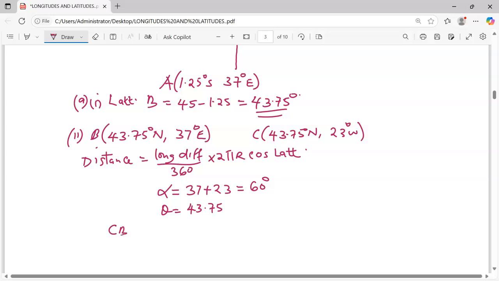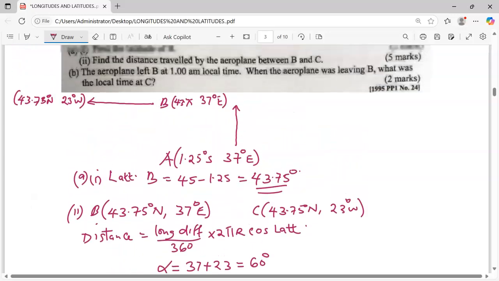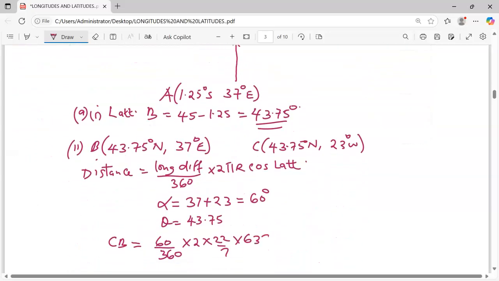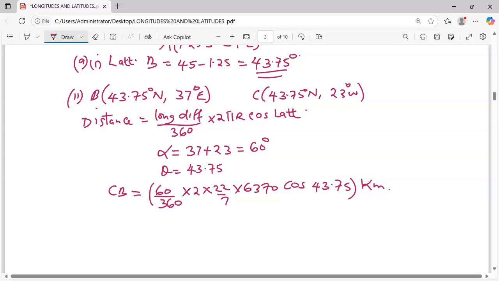So the distance CB will be given by the longitude difference, which is 60 over 360 times 2 times 22 over 7 times the radius, which is 6370, then cos of the latitude, which is 43.75. And this one is the formula of getting the distance in kilometers. Once you have done that, we can now simplify this.